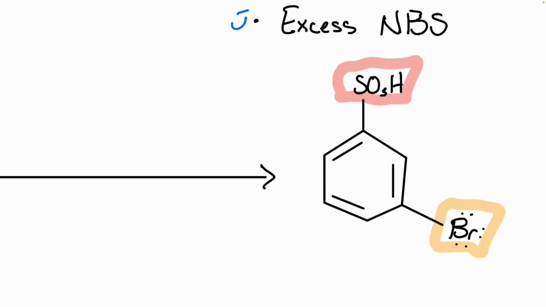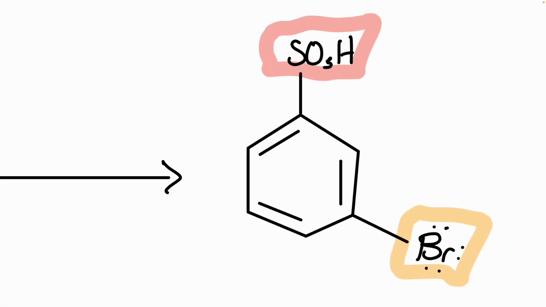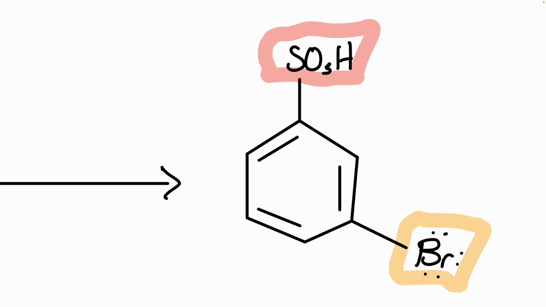All right. What I want to do is look at my product here, and I want to say, all right, these two are located meta to one another. So that means the first thing on my ring better be a meta director. If I go through and categorize, my bromine is ortho-para, and my sulfonic acid group is a meta director.